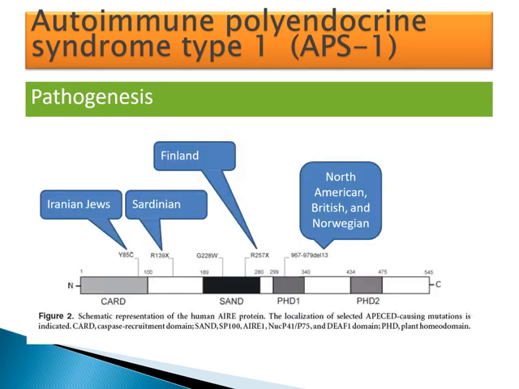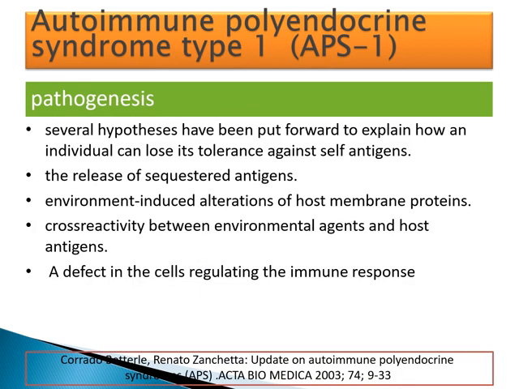Then several hypotheses have been put forward to explain how an individual can lose tolerance against self-antigens: the release of sequestered antigens, environmentally induced alterations of the host membrane proteins, cross reactivity between the environmental agents and the host agents, or a defect in the cell regulation in the immune response.